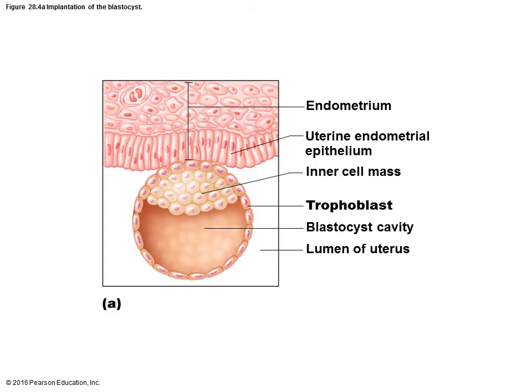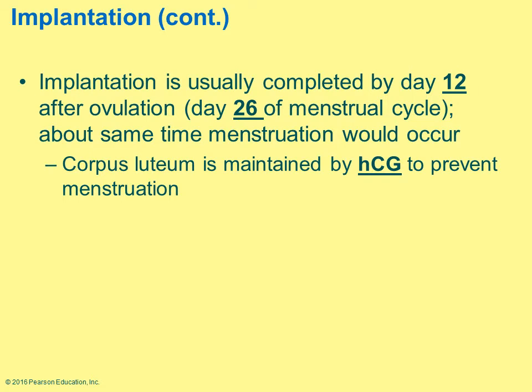So here you see the endometrium, the uterine endometrial epithelial cells there, where the trophoblasts, this beginning cells, it's like a vesicle, and the internal part has the inner cell mass that have been going through mitosis that will attach to the uterine wall.